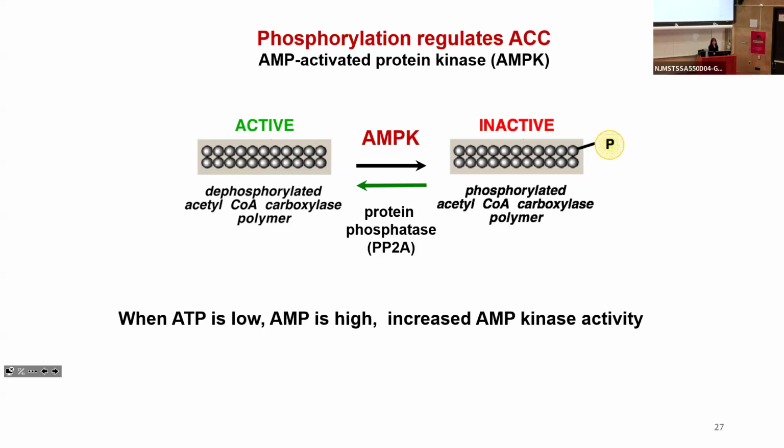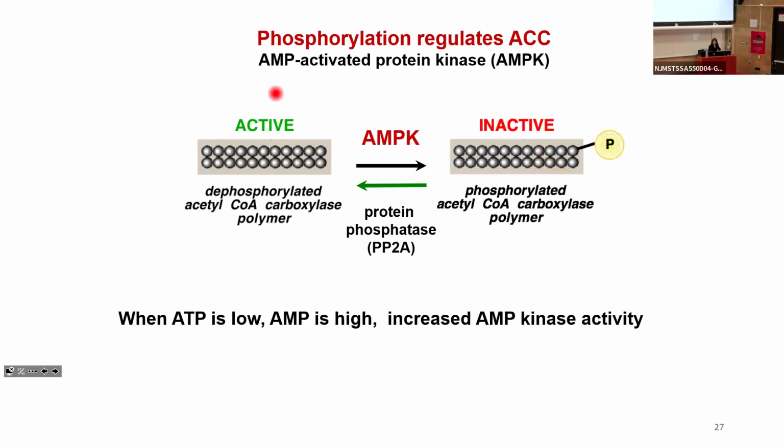And this AMP is going to activate a kinase. Only when ATP levels are low, when ATP has been depleted to form AMP, is that kinase going to be active. So it knows there's not so much ATP in the cell, and it's going to phosphorylate this polymer of ACC, the active form, and when it phosphorylates it, it's going to turn it off.